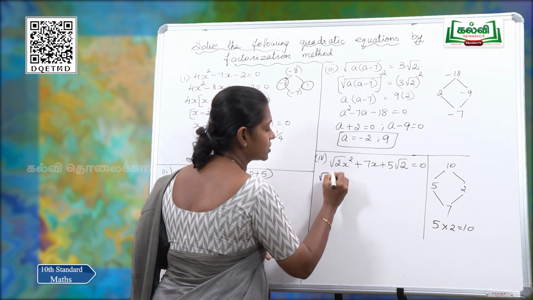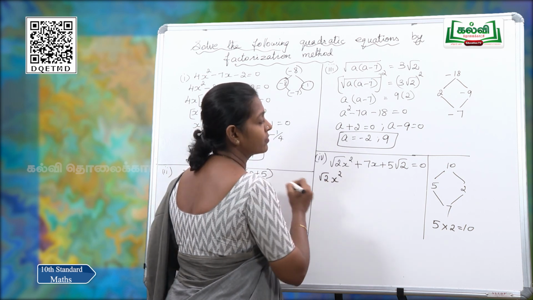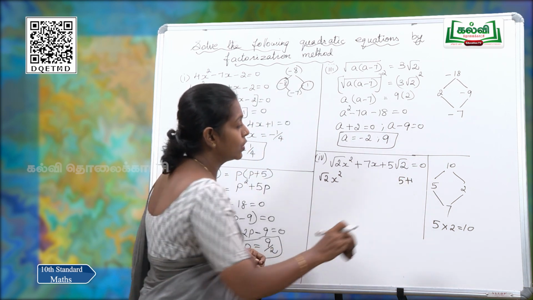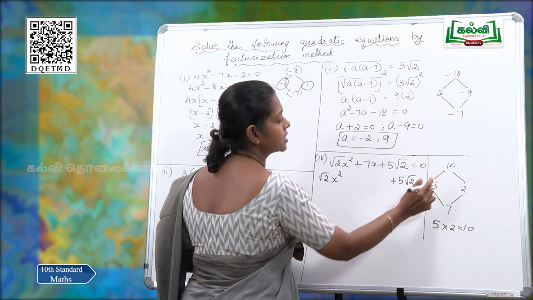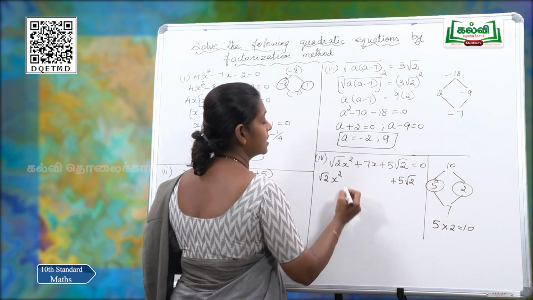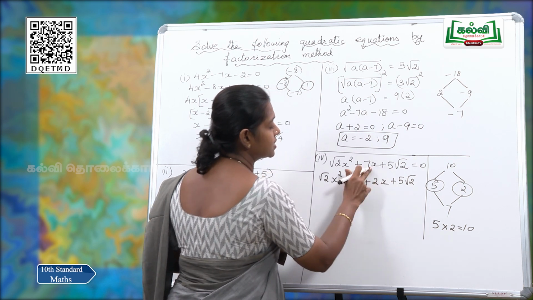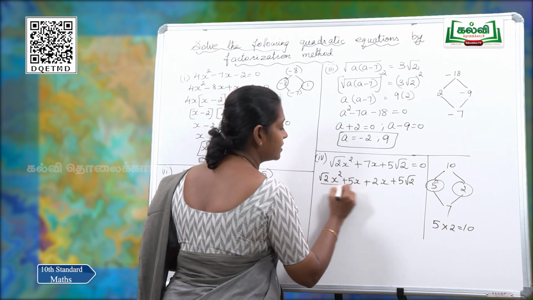Take the first term, root 2 x squared, and the last term is plus 5 root 2. In between I should insert these two factors, that means instead of 7x I should write 5x plus 2x, and take these two terms first.